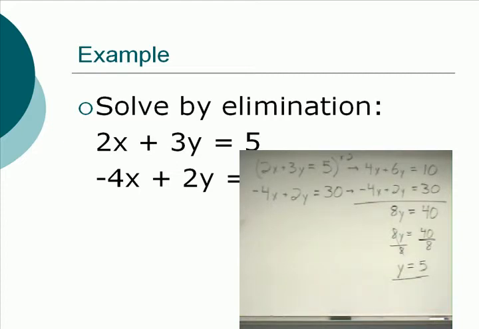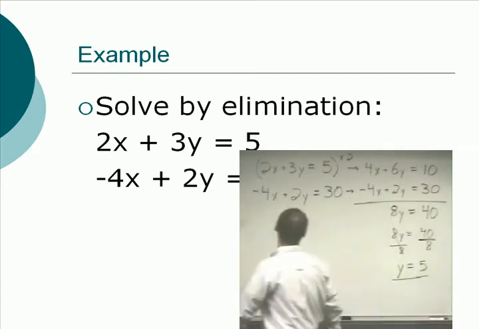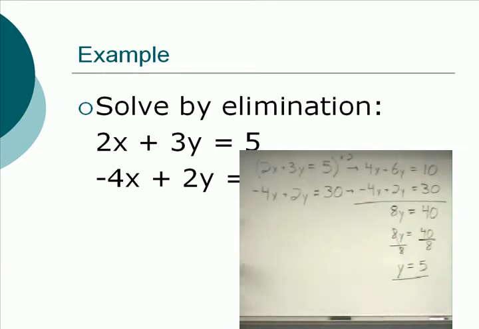Now, since we aren't using substitution, we have to go all the way back to one of the original equations to solve for x. Doesn't matter which one we use. Let's use this bottom one.